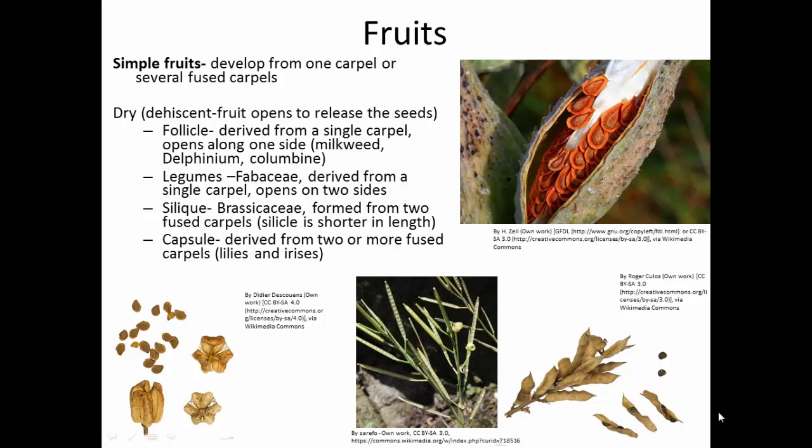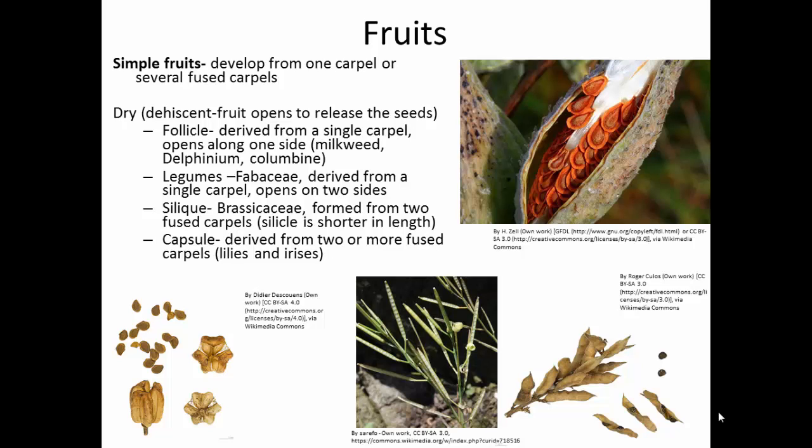The other simple fruits are dry, and dry fruits can either be dehiscent, which means that the fruit opens up to release the seeds, or indehiscent. So we'll start by taking a look at the simple dry fruits that are dehiscent.